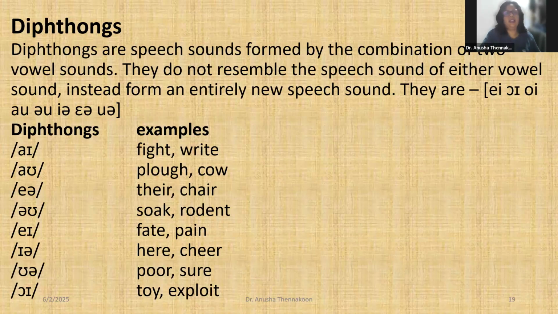Here you can see fight, right, flow, cow, there, chair, soap, fate, pain, here, cheer, poor, sure, toy, exploit. Here we can see it's not a single vowel sound. It's a combination of two single sounds together. So they are called diphthongs. Pure vowels contain one vowel sound. Diphthongs are a combination of two vowel sounds.